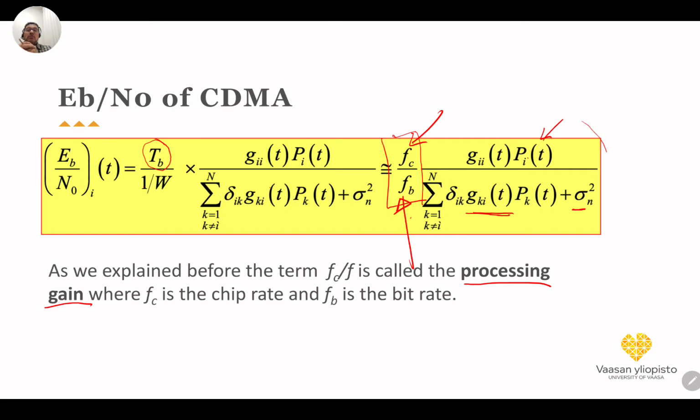What I can do is simply reduce the bit rate of the transmitter, so as to increase the processing gain. Once I increase the processing gain, I will get a higher Eb over N0, which means an excellent bit error rate. So the bit error rate will be very low, and of course after that the packet error rate will be very low too.